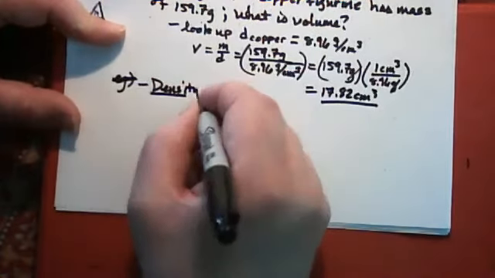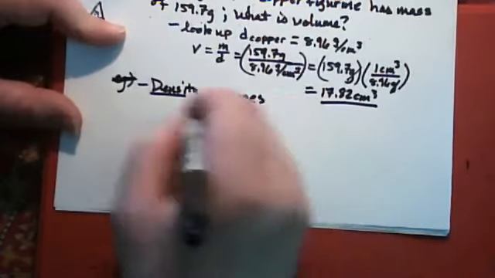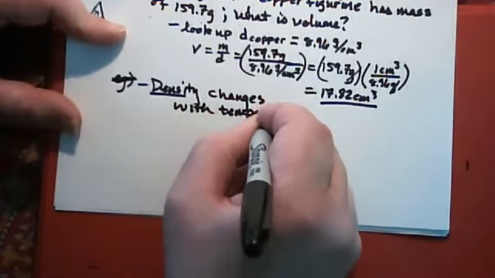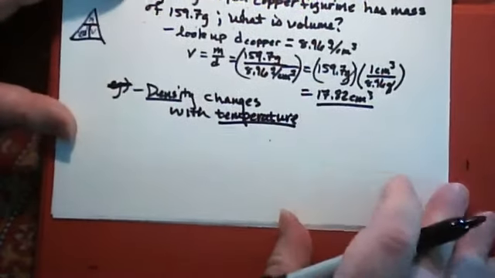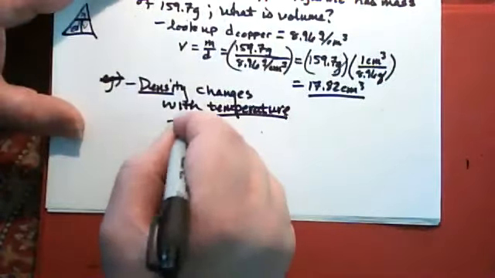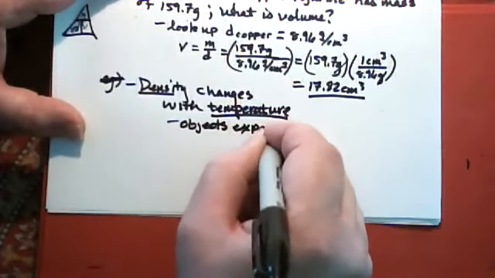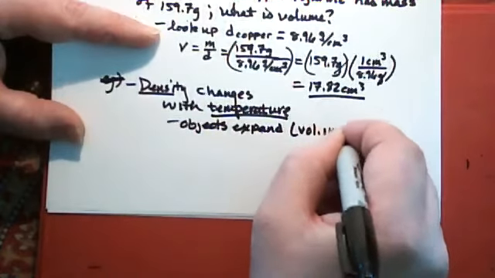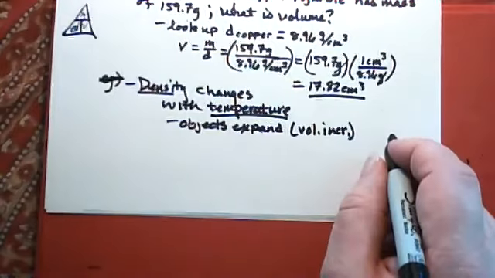As I mentioned in passing above, density changes with temperature. And that's because objects tend to expand with heat.